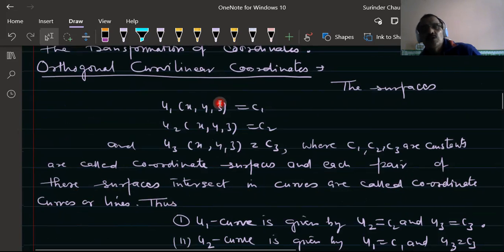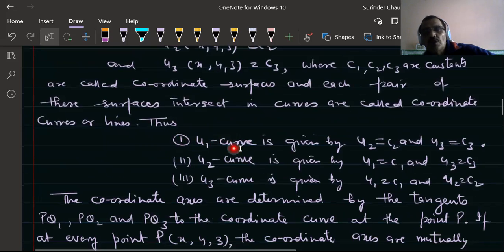These are surfaces in space, functions of x, y, z, since we are talking in Cartesian coordinates. So if you take two surfaces at a time, they will represent a curve: u1, u2; u2, u3; u3, u1. If you take two coordinate surfaces at a time, they will give us three curves or three lines.